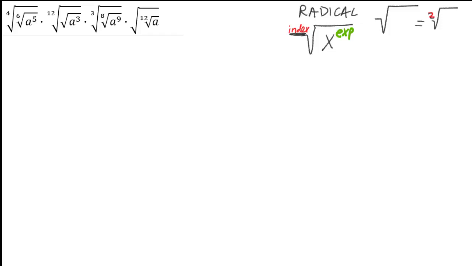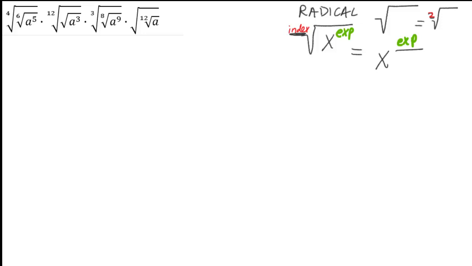Now, a very important rule is that in order to rewrite radicals, you can use exponents. So this expression right here could be rewritten as x to the power of exponent divided by index.